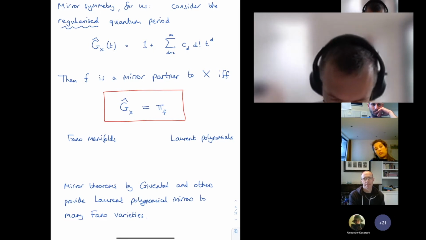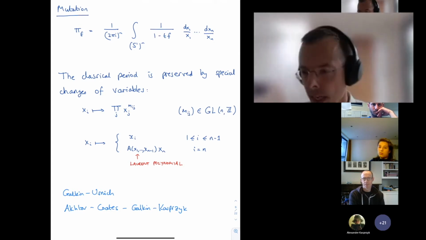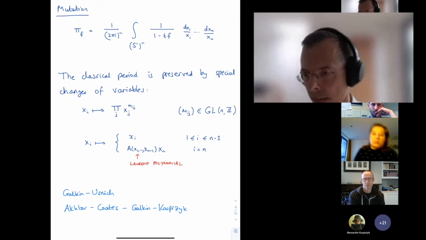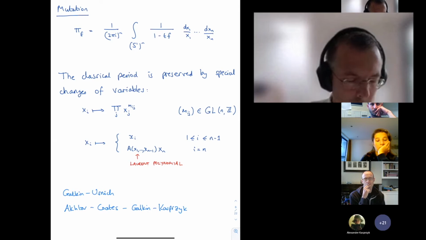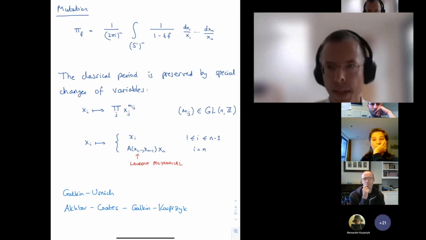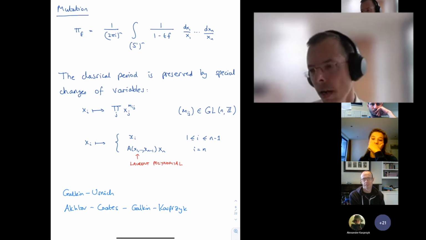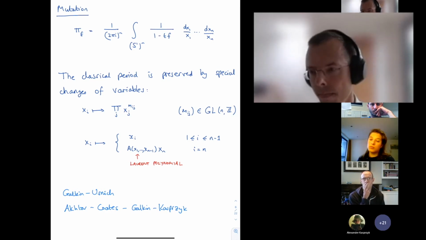But the question is maybe whether you can go the other way. Can you, starting from a Laurent polynomial or starting from a classification of Laurent polynomials, deduce the classification of Fano varieties? An important thing is that the correspondence between Fano manifolds and Laurent polynomials is not one-to-one.